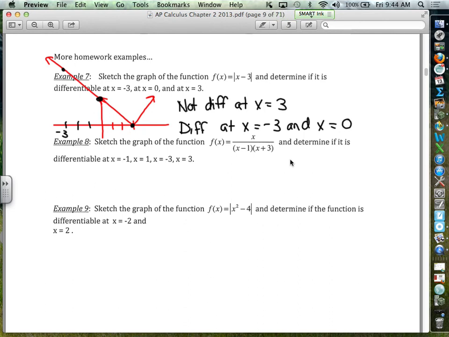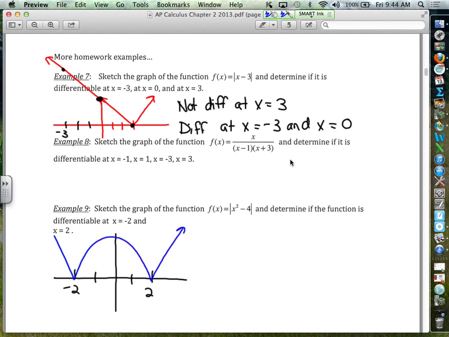If you look at example, let's skip down to example 9. If you look at the graph for that one, I'm thinking it looks like this. You can graph it with your calculator and see. I think it's this one. It kind of comes down here, does that, and does that. So if you look at this graph, it asks, is it differentiable at negative 2 and positive 2?